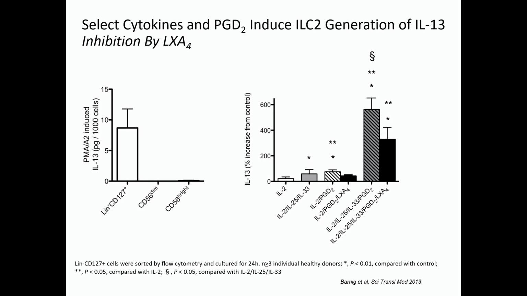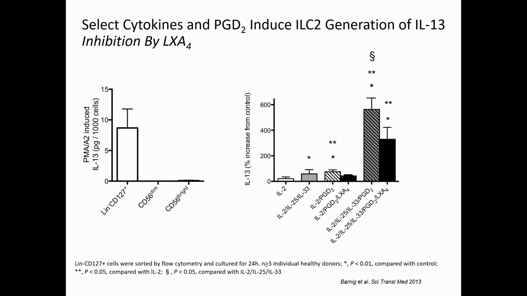So we looked at the epithelial alarmins, IL-25 and IL-33, and there was a significant induction of IL-13 from the ILC2s. Prostaglandin D2, remember these cells express CRTH2, by itself, of course a mast cell product, induced IL-13. And when you put the epithelial alarmins and the mast cell receptor-mediated agonist together, you see synergistic increases in IL-13 release from the ILC2s.